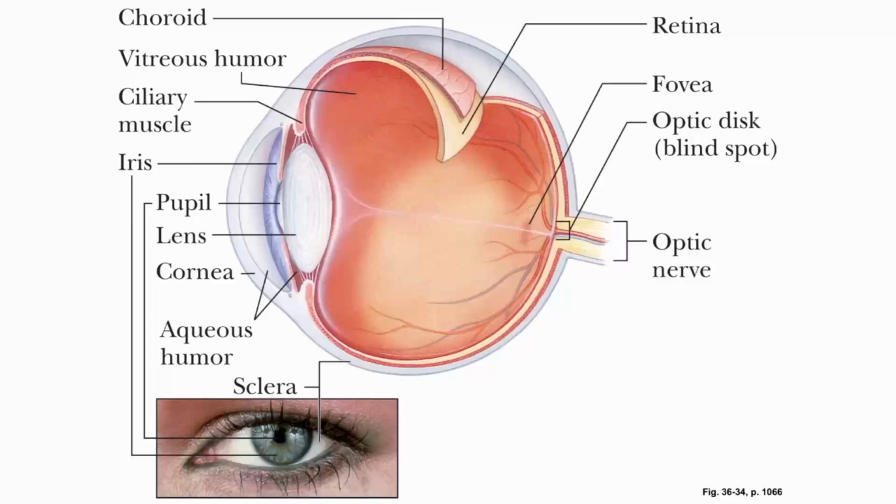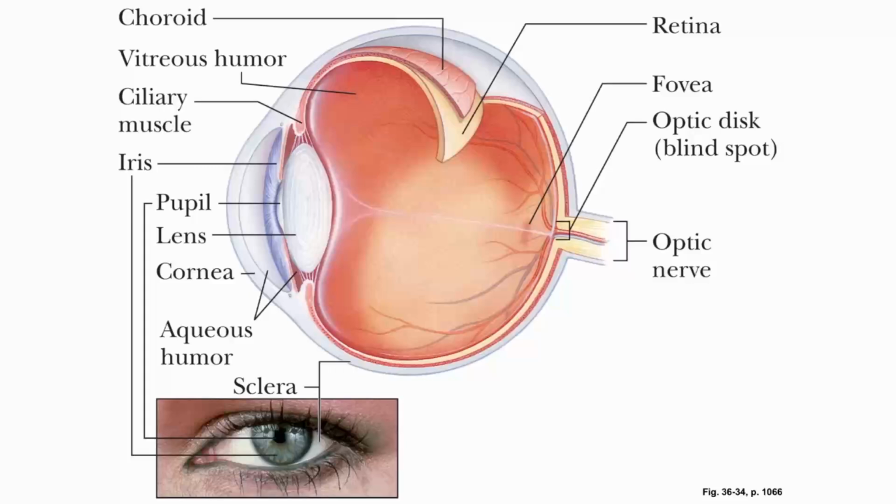This thing rocks, right? So how does it work? Where does most of the focusing power of your eye come from? There's lots of structures in this picture, but there's only two of them that can focus light. What two? The low-hanging fruit's the lens.